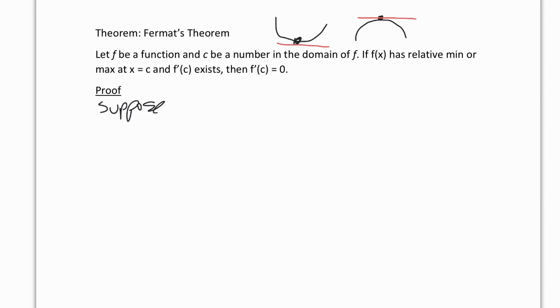Suppose f(x) has a relative minimum at x equals c. Well, we have to think, okay, that's the English definition, but what does the math say? What do we get when we have a relative minimum? If you remember, a relative minimum means you have an open interval.